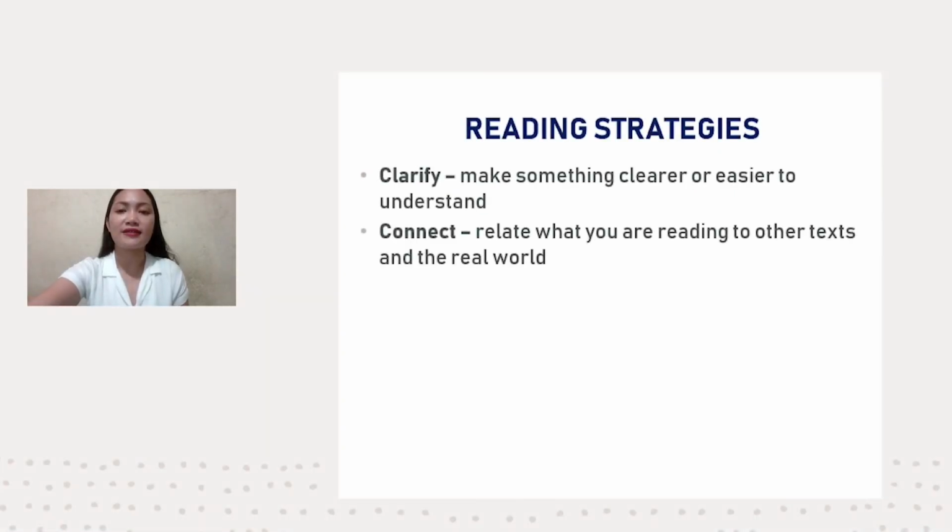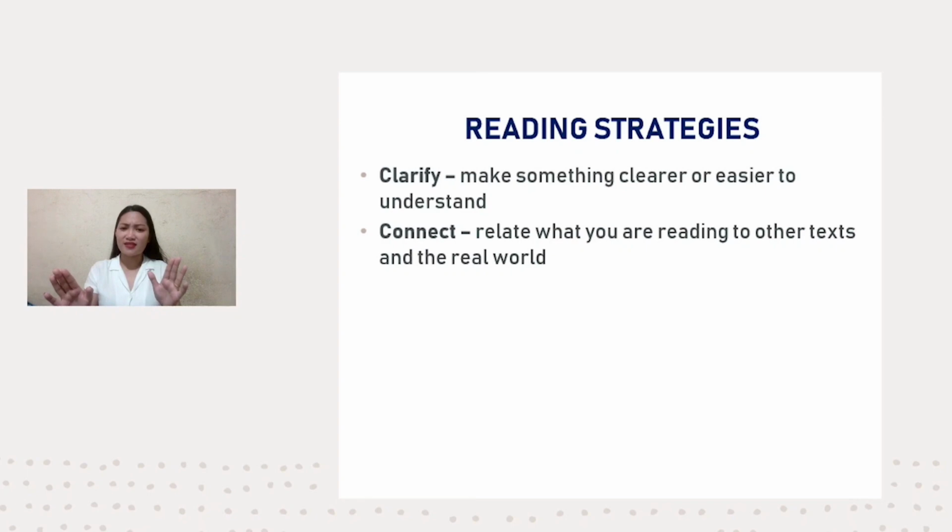Next, connect or relate what you are reading to other texts and the real world. Connecting is usually done when you experience what you have read. For example, you have read a science book on the topic of photosynthesis and you learned that plants need sunlight and water in order to grow.